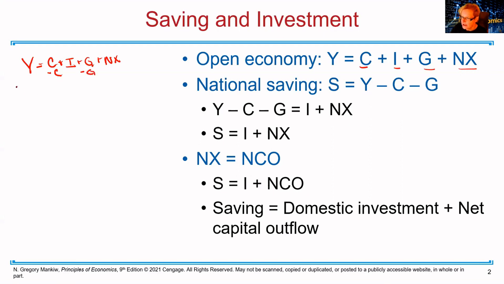And we said that national savings, which is GDP minus consumption minus government expenditures, is equal to investment. Now notice that because we've opened this economy back up, we have this NX, so plus net exports, okay? So you can kind of look at it there. So remember that this was equal to national savings, which we called S.